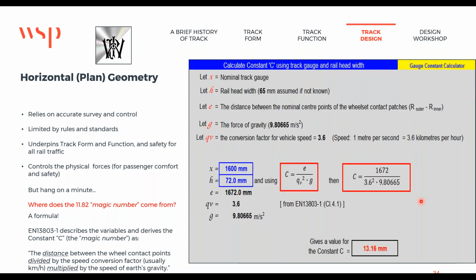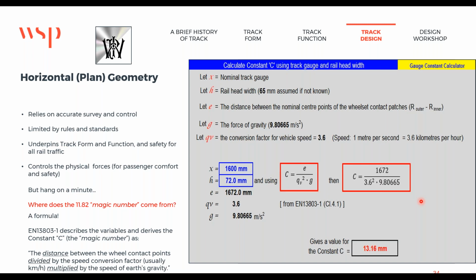If you change the gauge, if you go across the seas to somewhere like Melbourne or Ireland, even Northern Ireland, the track gauge is 1600. And if you're using a head width of 72 mil, which might be AS60 in Australia or UIC 60 over here, then your E value is 1672.